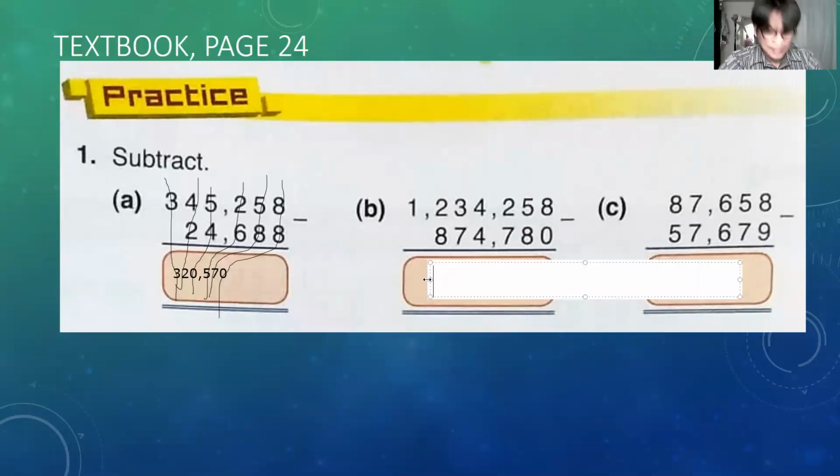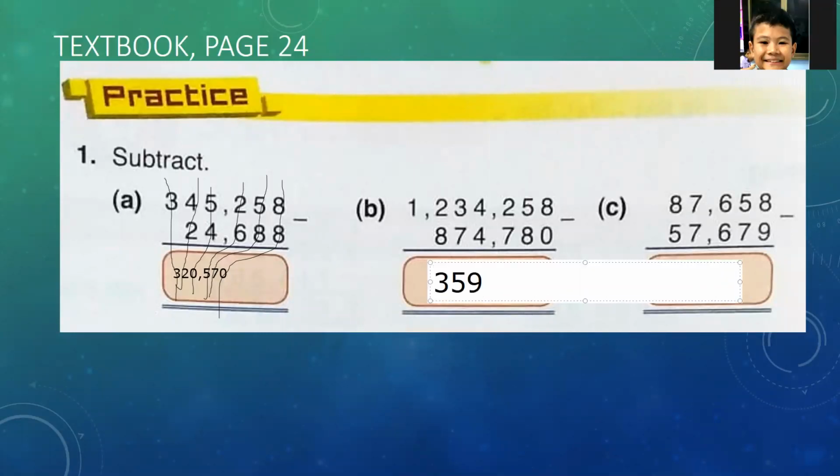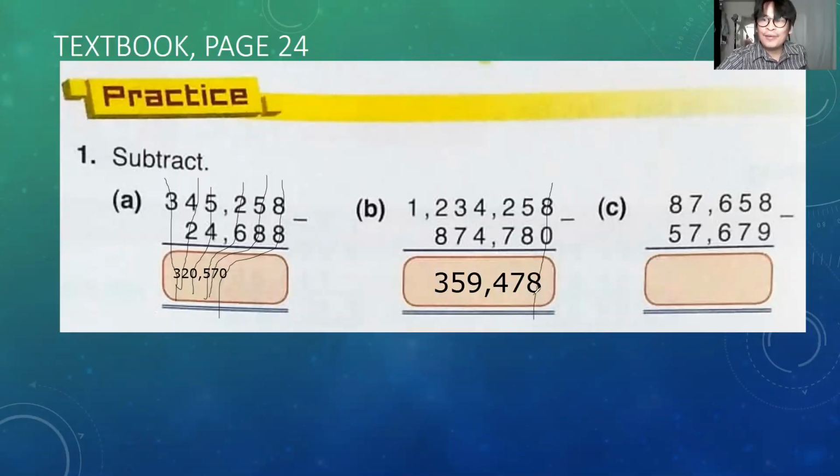My answer is 359,478. Still it's not properly aligned. So 8 minus 0 is 8. Okay, good job.